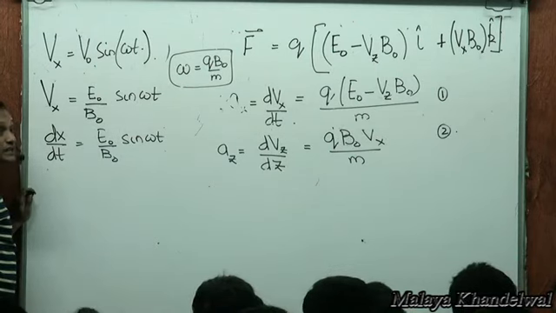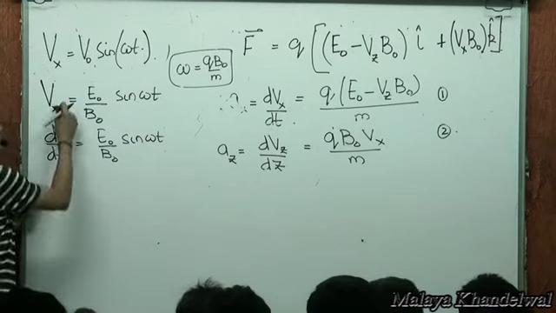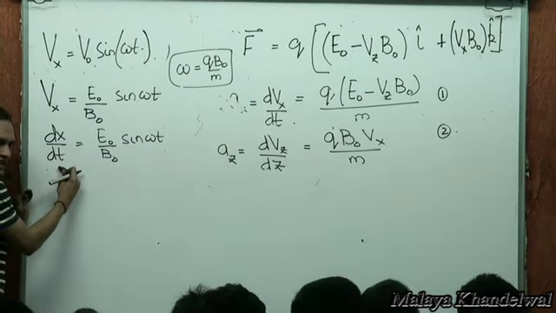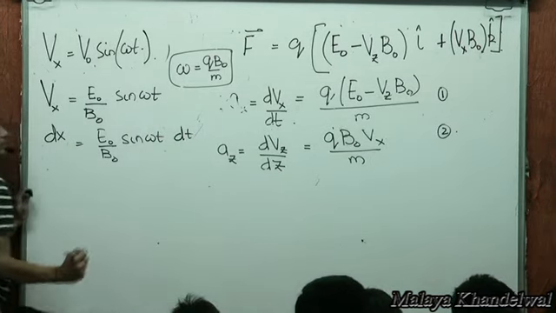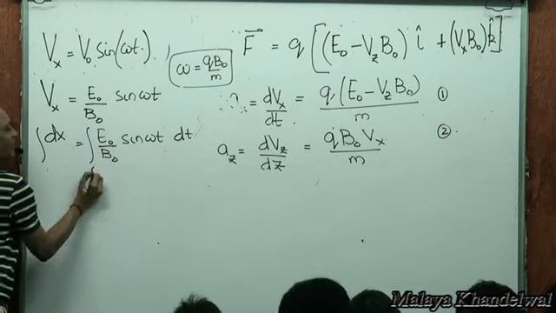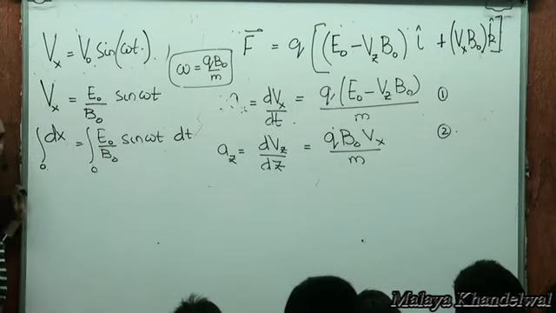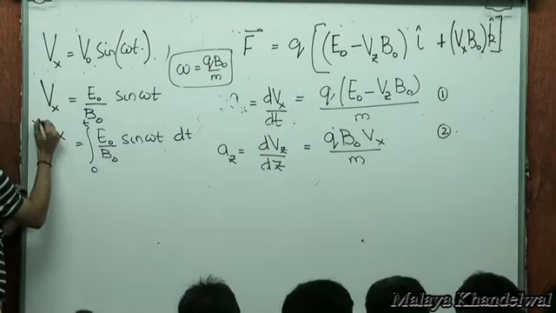This is done with the objective of finding x as a function of time. Vx written as dx dt, velocity in the x direction. Right? So this dt you bring in here. Integrate both sides. At time t equal to 0, x was 0, particle started from rest. At time t equal to t, x became x.